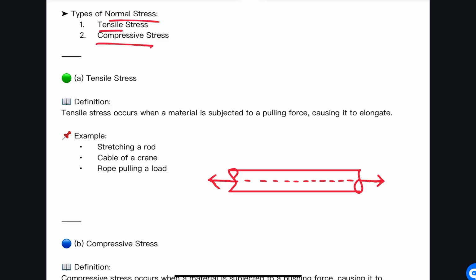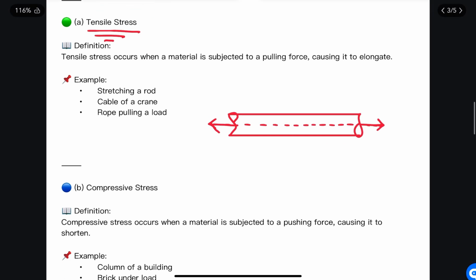What is the tensile stress? What's the definition? Let me take one example. There is a rod, or we can say a circular shaft, in which we are applying force F in two opposite, outer directions, not inner, like we are pulling it out.